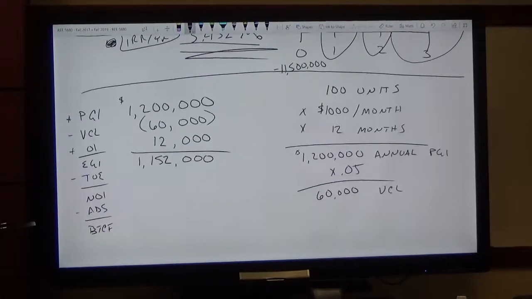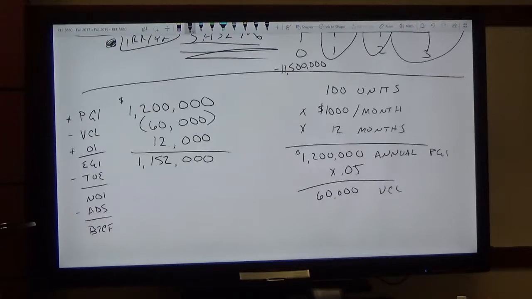Okay? Everybody get that? Yeah. Okay, all we're doing is taking 1.2 million, subtracting out the vacancy and collection losses of 60,000, adding in the other income off of ancillary services, whatever those are, to get our effective gross income now of 1.152 million. Okay?